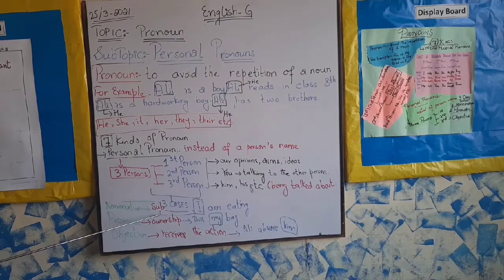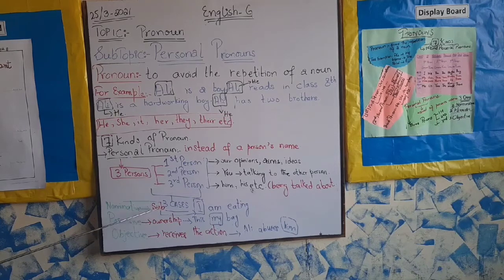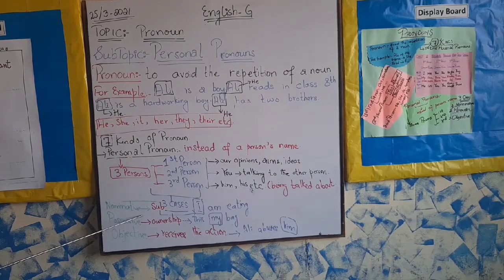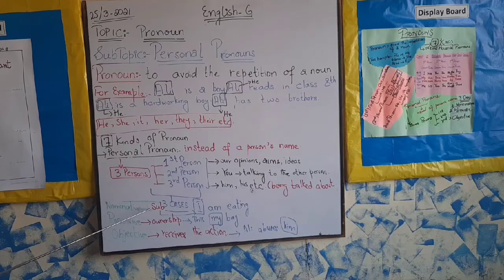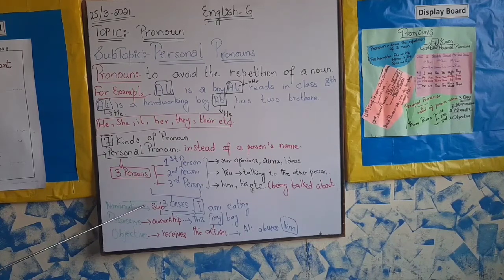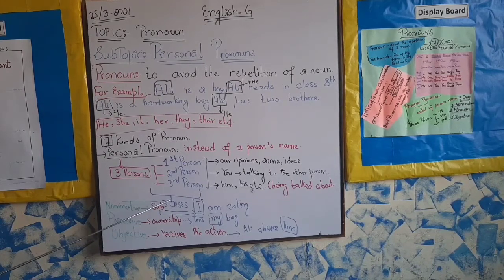When the pronouns act like a subject or perform an action in a sentence, it is nominative case. If I say I am working, here I is again acting like a subject. I am performing an action, that I am working.